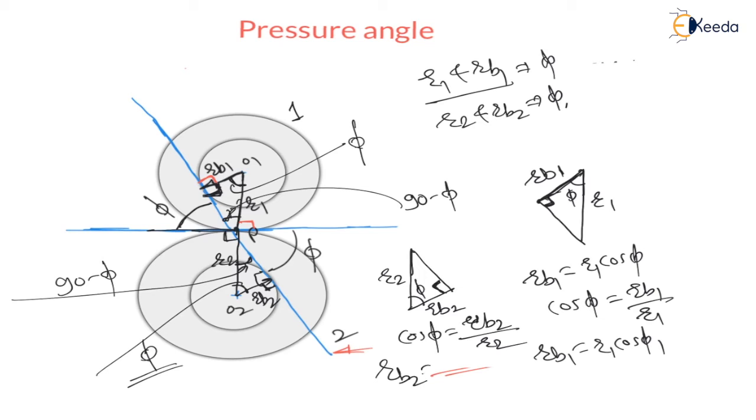Therefore RB2 is equal to R2 cos phi, right? Very important. Therefore RB1 is equal to R1 cos phi, and RB2 is equal to R2 cos phi. And this common normal, also called the common tangent to the base circle, or generator, or line of action, along this line of action the actual force is acting.